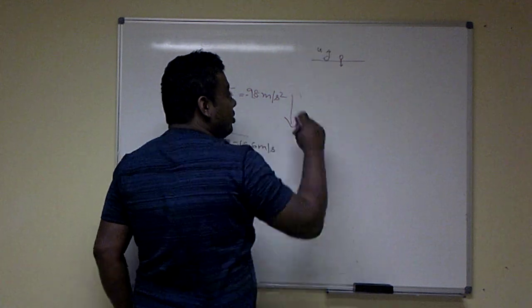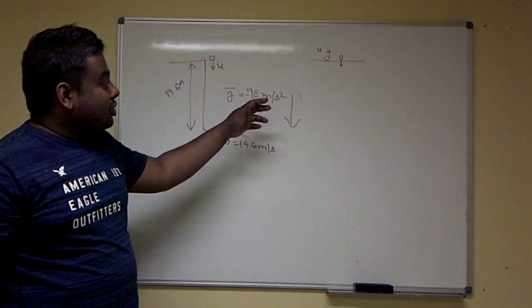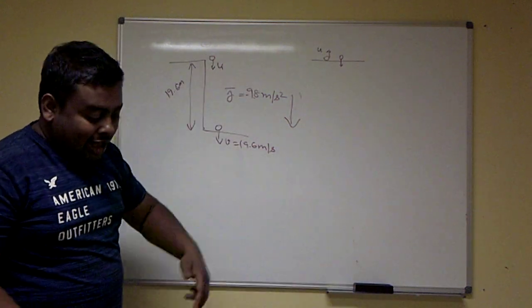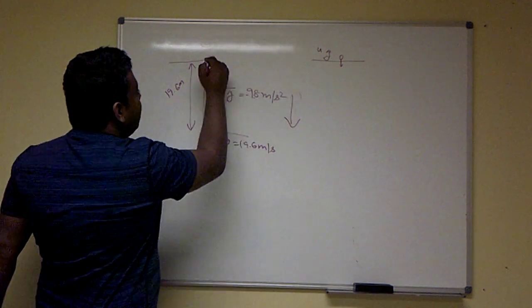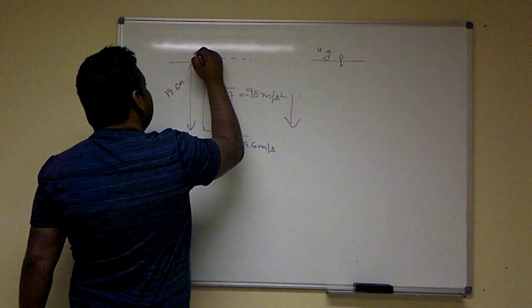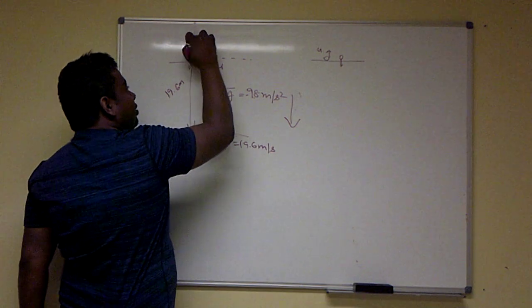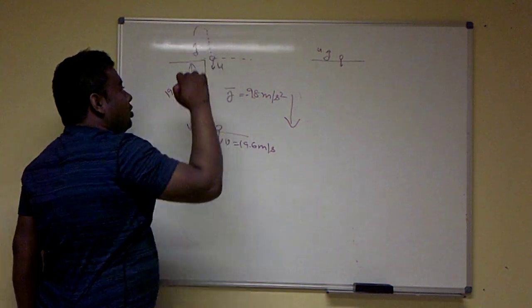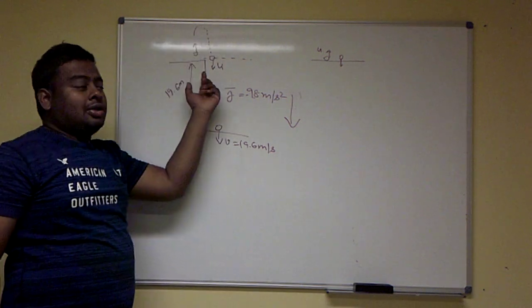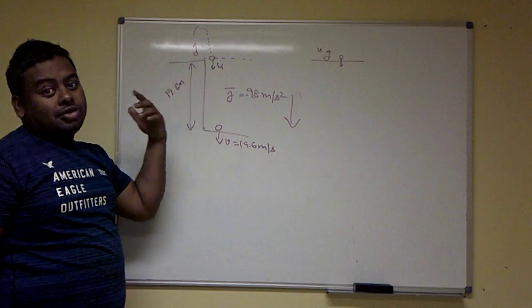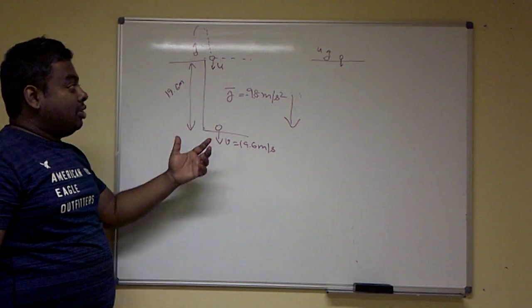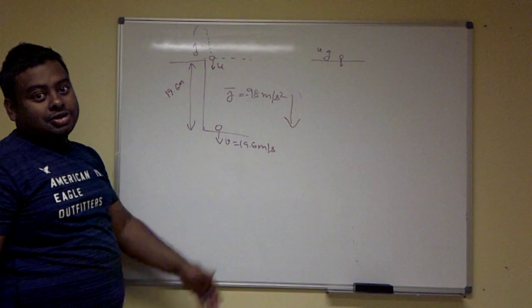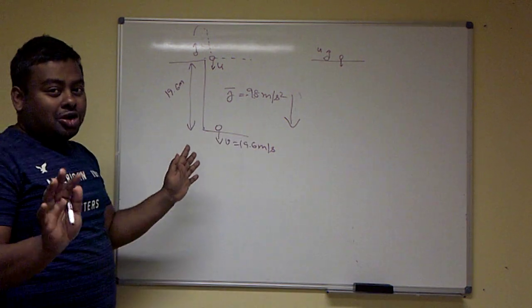So remember in the last example we were throwing the ball up at a certain velocity u, and when it skyrockets and comes back, it will have the same velocity u by symmetry when it reaches the same level. But that's just an observation.